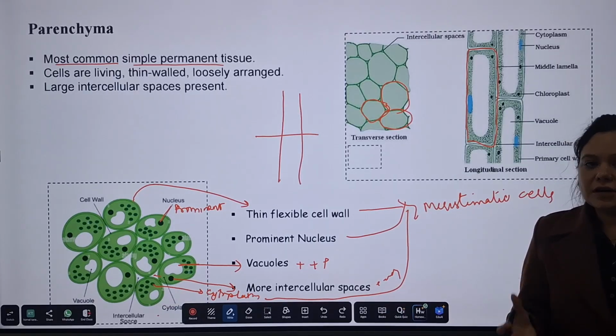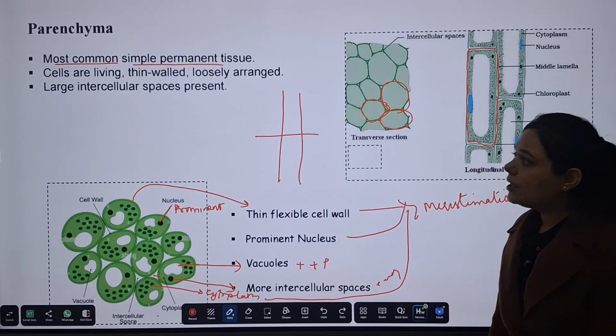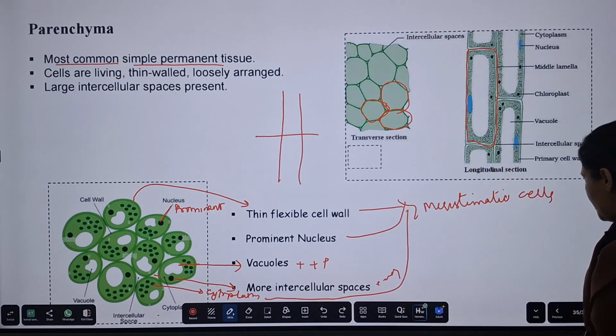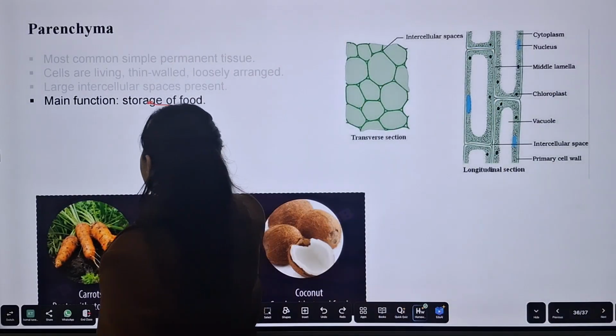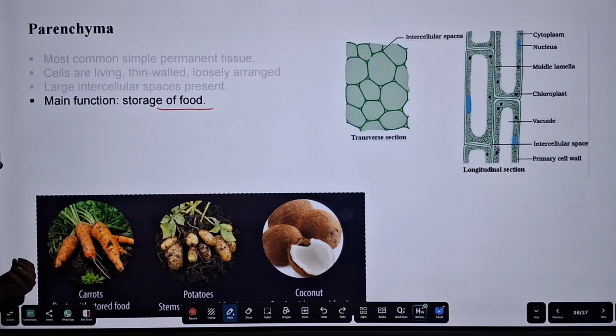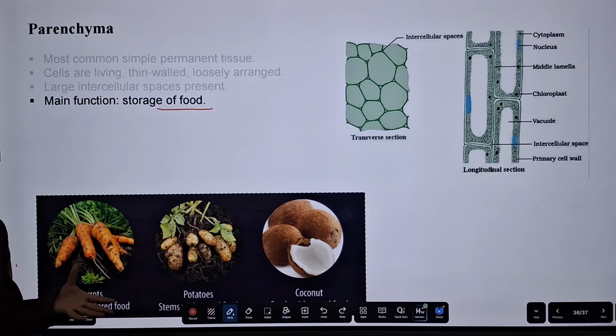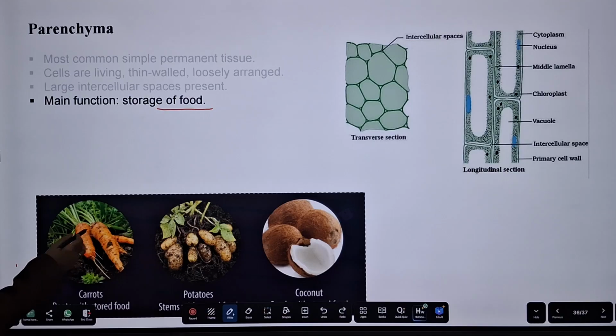And what is the function of simple parenchymatous cells? Their main function is storage of food. They are present in stem, root, leaves, seeds, etc. And the major function that they perform is storage of food. Carrots, which we know are roots, store food in their parenchymatous tissues.